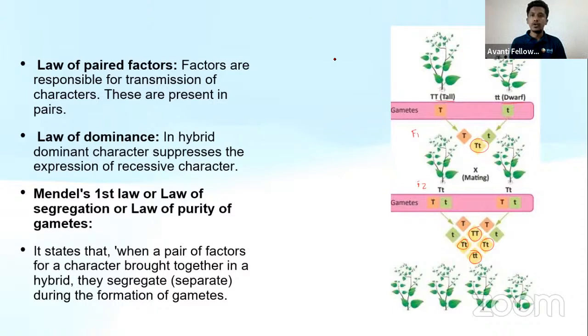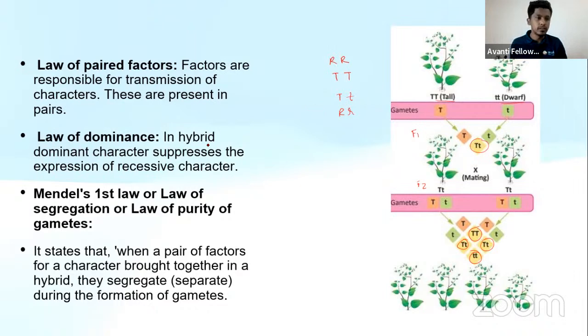For example, capital T small t, or capital R small r. Are you understanding, students? These paired factors represent how the genes are present on homologous chromosomes.